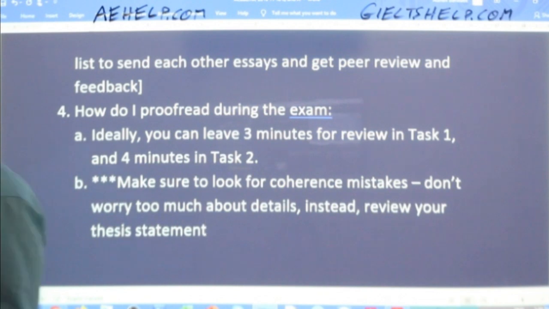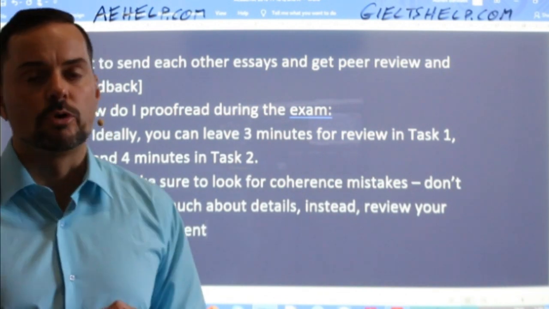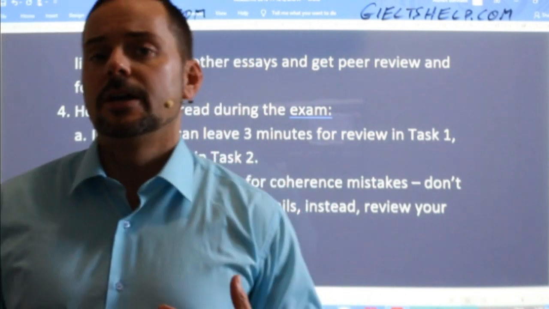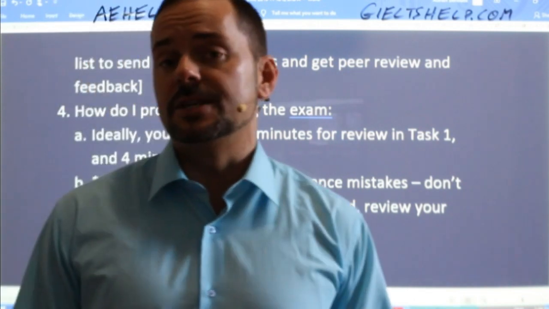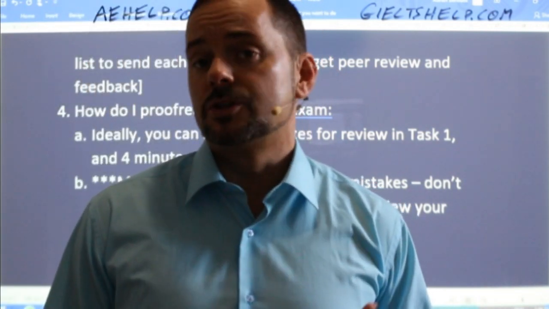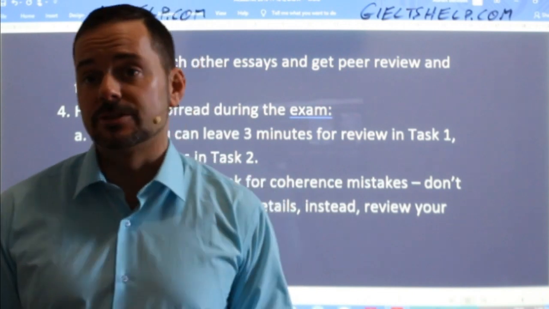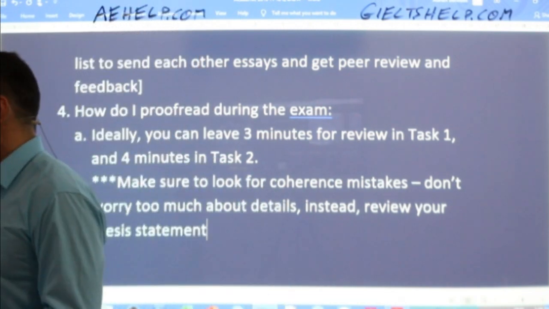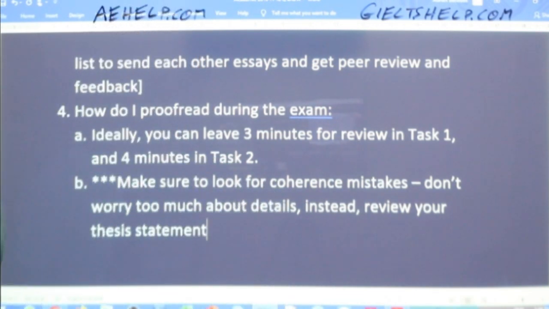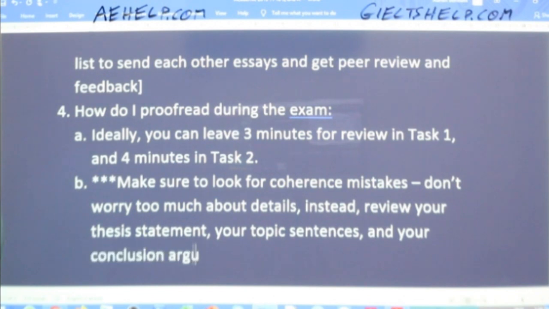Okay, remember your thesis statement is extremely important for coherence. If you can find a mistake in your thesis statement and make it better, there's a good chance you can save yourself half a band score. Okay, so review your thesis statement, your topic sentences, and your conclusion argument statement.